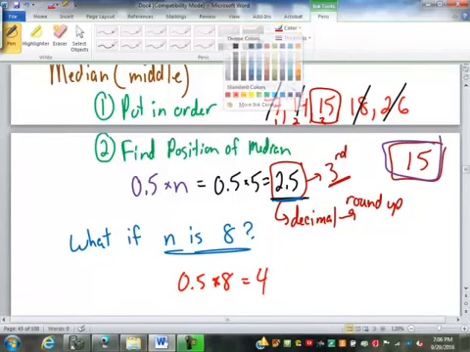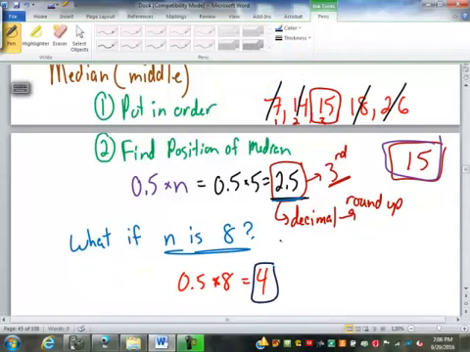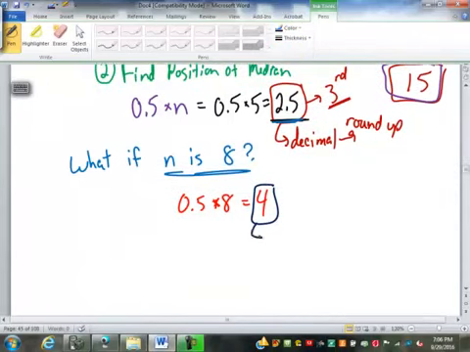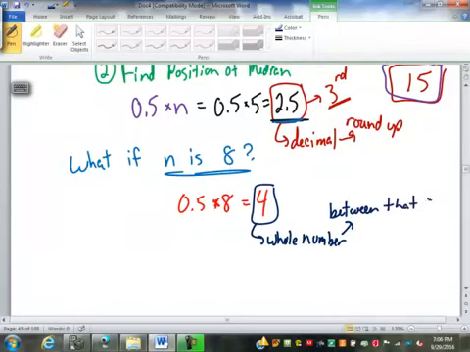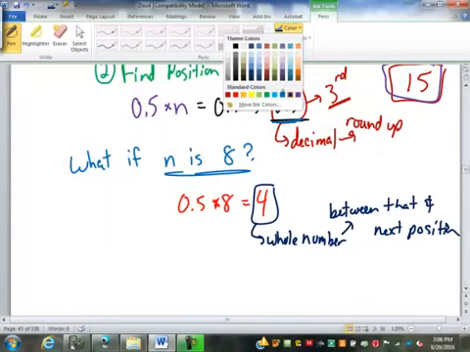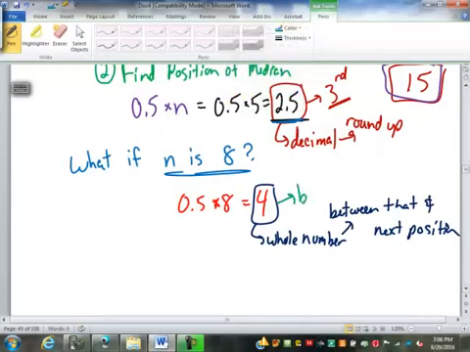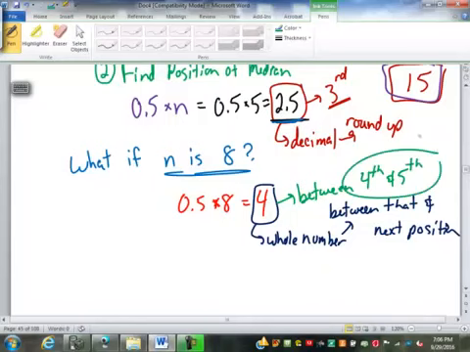If this is an integer or a whole number, the median is between that and the next position. So this would be between the 4th and 5th number in the list.